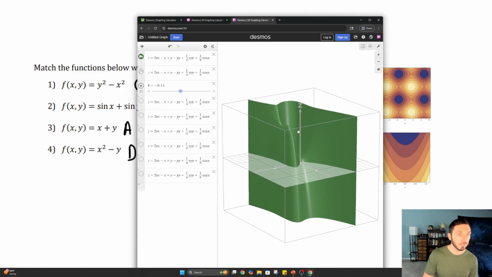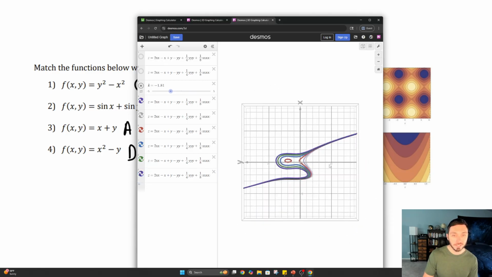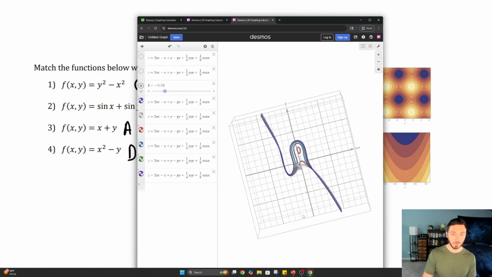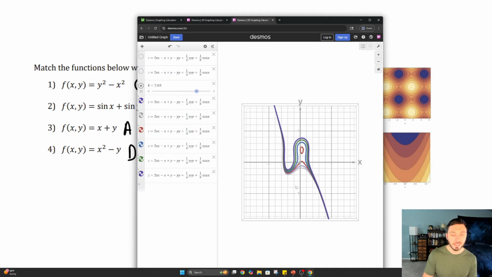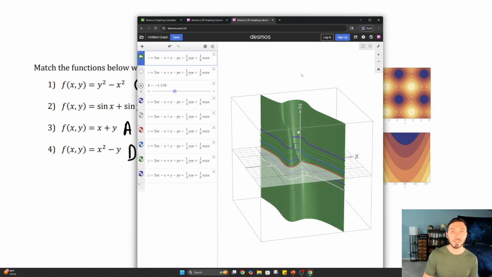Well, I can turn that off, and I can turn off the surface as well to see all of these curves as this bird's eye view to give you an idea. Hopefully you're not totally against this notion that this does an okay job at visualizing this, right? So that's the hope and dream, that you see the utility behind the contour map. That's it for today. Math on.